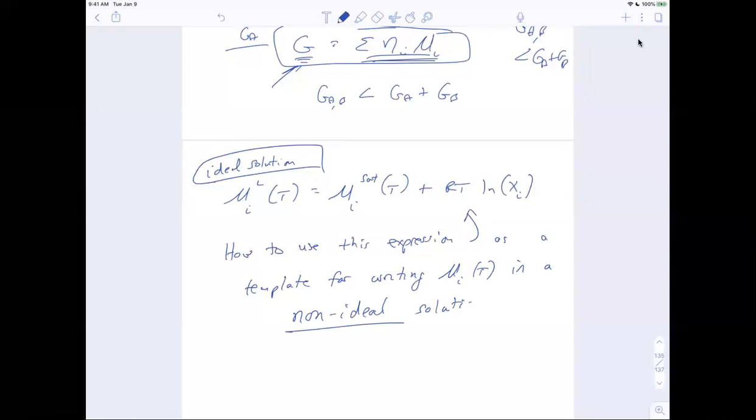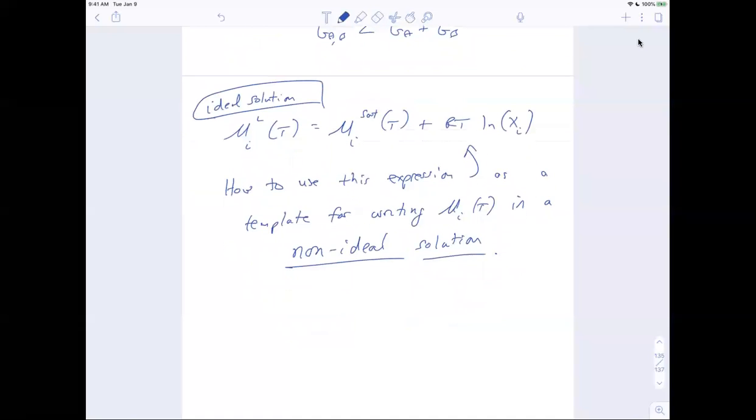How can we use, just as we've used the ideal vapor, ideal gas models, right? We always use them as a starting point to make something more complicated, like the equations of state. How can we use the chemical potential of a species I in an ideal solution, okay, as a template for writing something for a non-ideal solution?